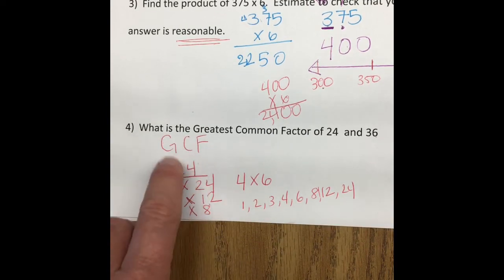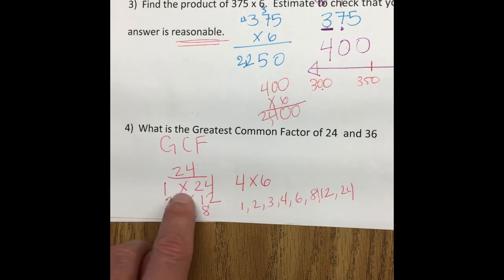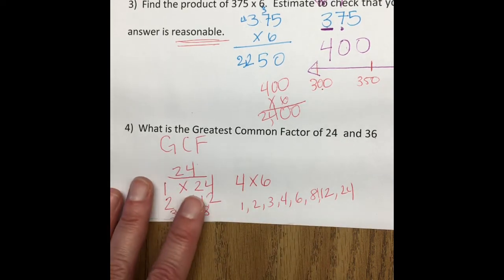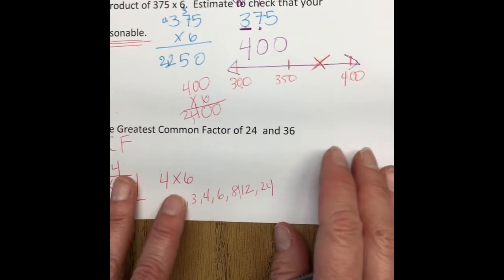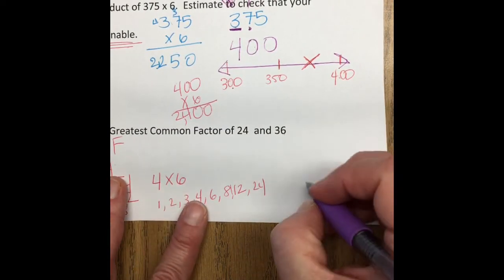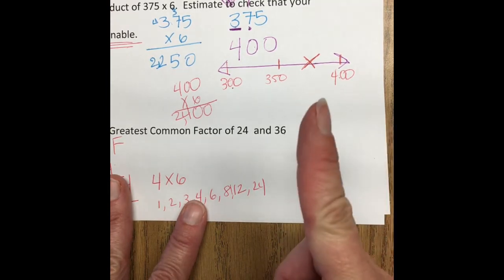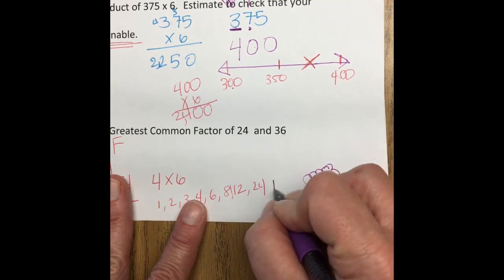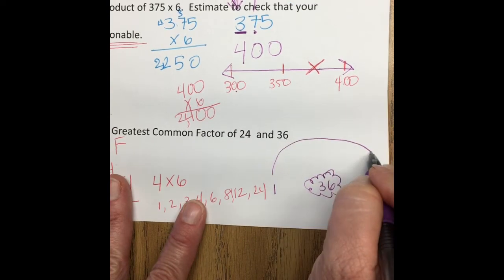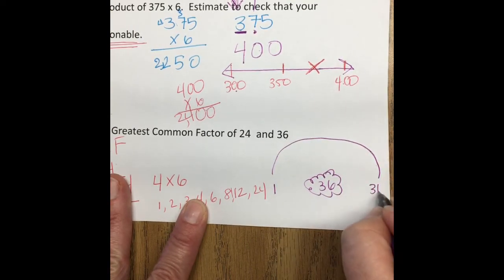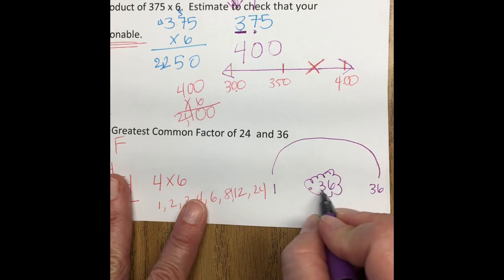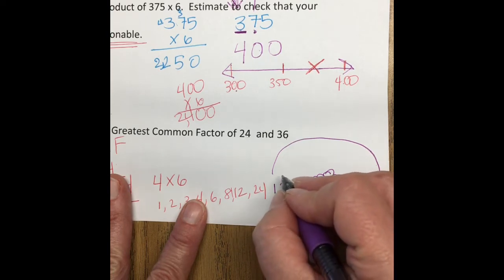But I'm looking for the greatest common factor between 24 and 36. So at this point, another way that we could solve for the factors of 36 would be to do a factor rainbow. You guys have done lots of this, right? So we know one factor pair for any number is always 1 times itself. So 36. This is an even number, so I know it's divisible by 2.